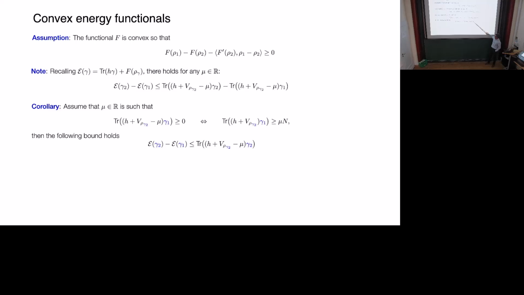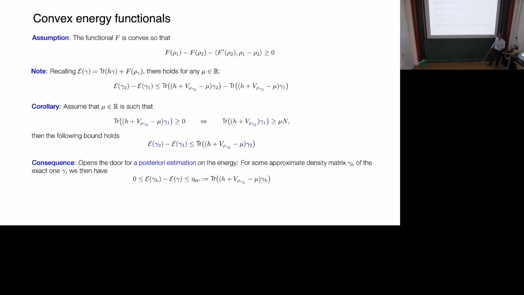Now, what is remarkable about this expression is that you can estimate this energy without having access to gamma 1. And of course, this opens the door for a posteriori error estimates, because you think this is the computed one and this is the exact one. Okay?